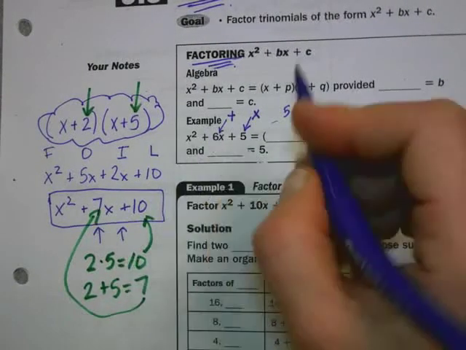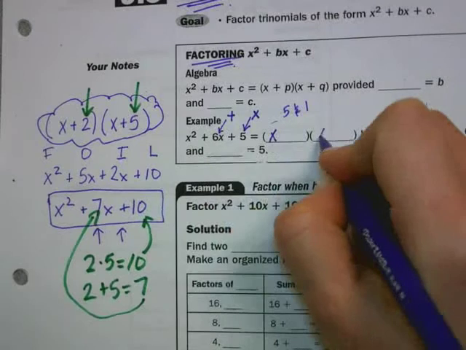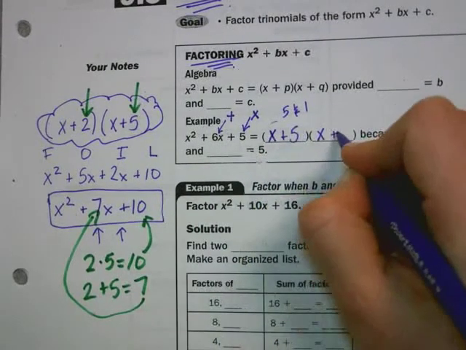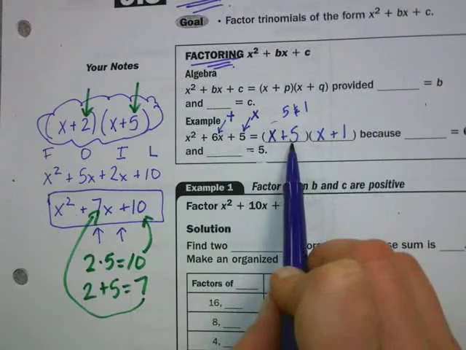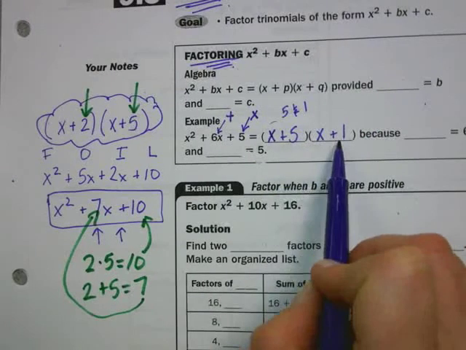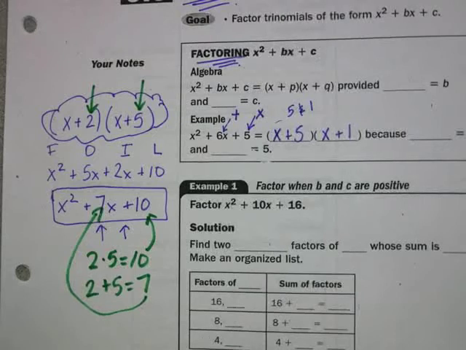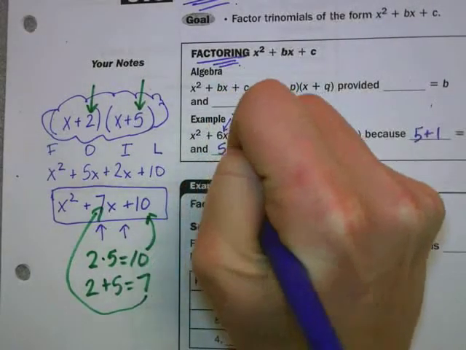And how do we get an x squared? We do x times x. And then it's a plus 5 and a plus 1. And the 5 could have been here, or it could have been the 1 here, and this could have been 5 or 1 there. The reason for that is because 5 plus 1 equals 6, and 5 times 1 equals 5.